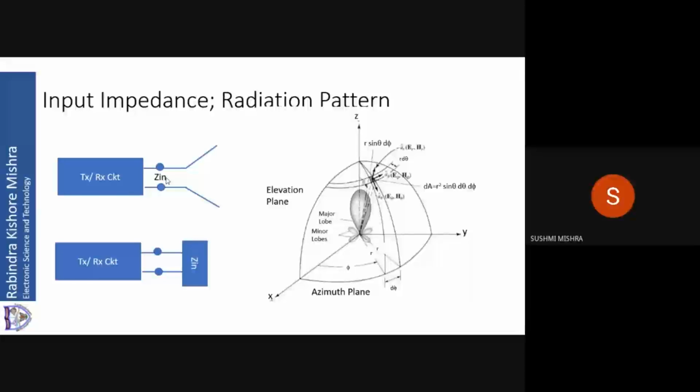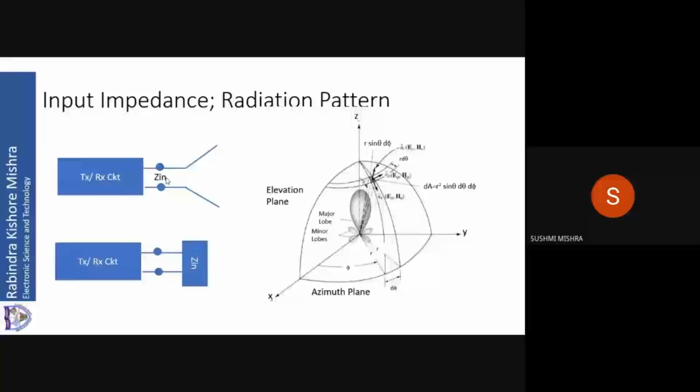I showed an example of a directive antenna. First, I showed you one isotropic antenna. It radiates equally in all directions. In this picture, we saw radiation in a particular direction, which is the preferred direction. There, the radiation is maximum, and there is a small amount of radiation in other directions.